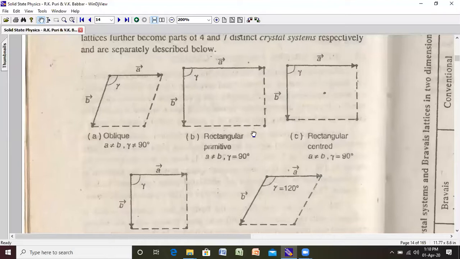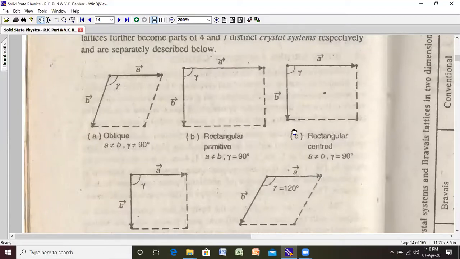And this is actually rectangular primitive. In primitive, all the lattice points are at the corners. कॉर्नर्स के ऊपर सारे पॉइंट्स पाए जा रहे हैं, कोई भी पॉइंट इसके मिडल में नहीं है, तो इसको हम क्या कहते हैं? We call it rectangular primitive.